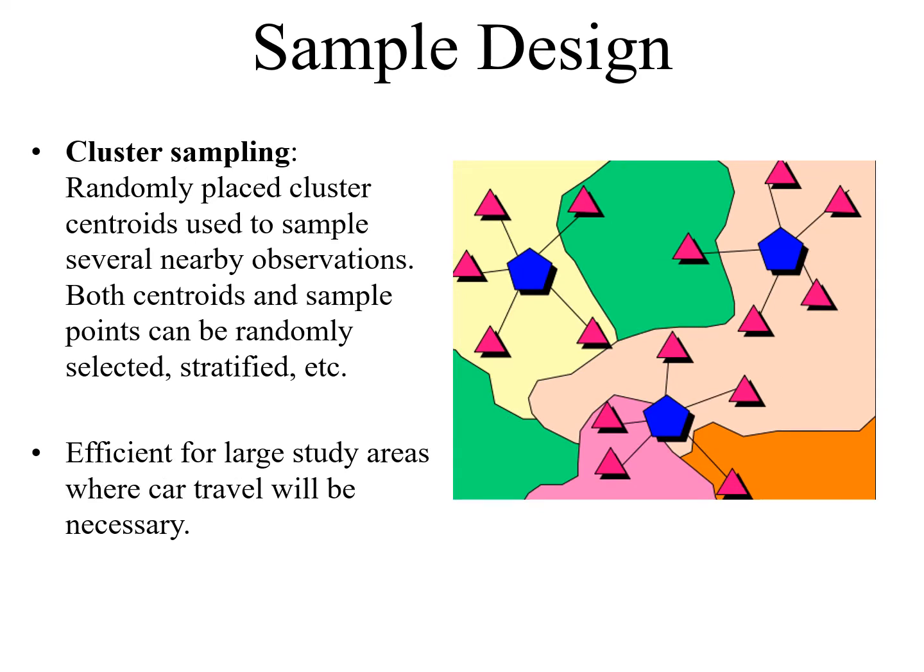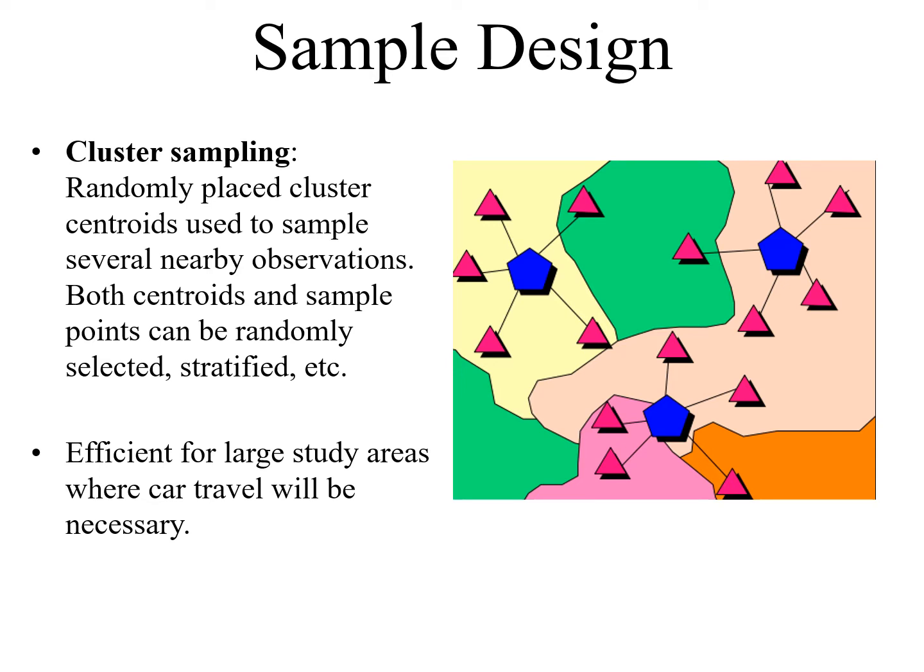Now we come to cluster sampling. So in cluster sampling, you randomly place cluster centroids, okay? And you then use those as starting points to sample several nearby observations.